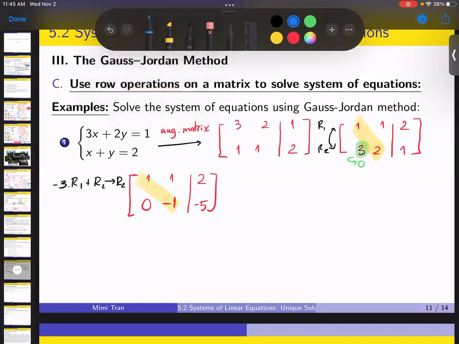So now I'm going to do back substitution. What do I mean by that? I'm going to convert it back to an xy system of equations. So I have 1x plus 1y equals 2. And the second one I have 0x, which I'm not going to write, minus 1y equals -5.